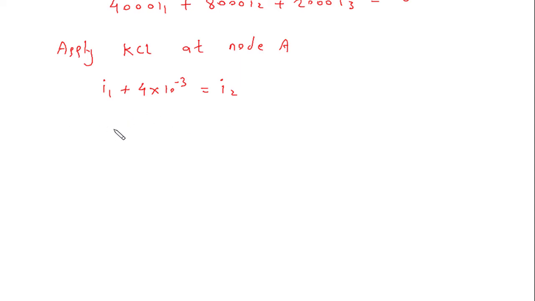Now we can further simplify this. I1 minus I2 is equal to minus 4 into 10 raised to minus 3. Let's say this is equation number 2.